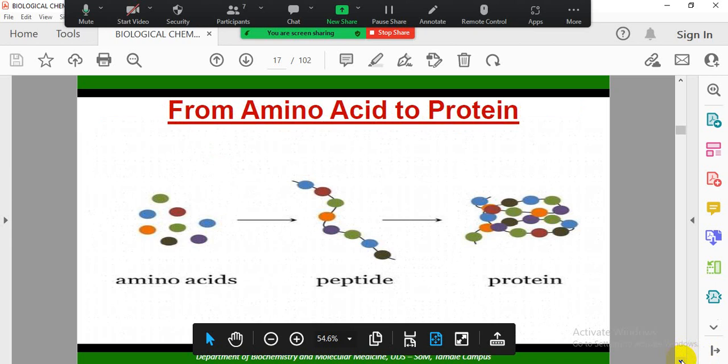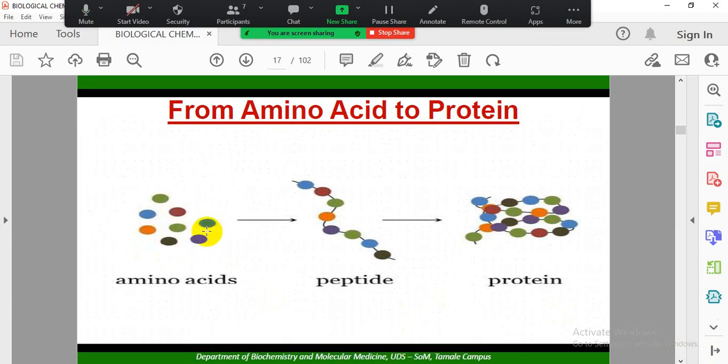Okay, so from amino acid to protein, we have amino acids. May I ask this question? What is the basic unit for a protein? Amino acids.